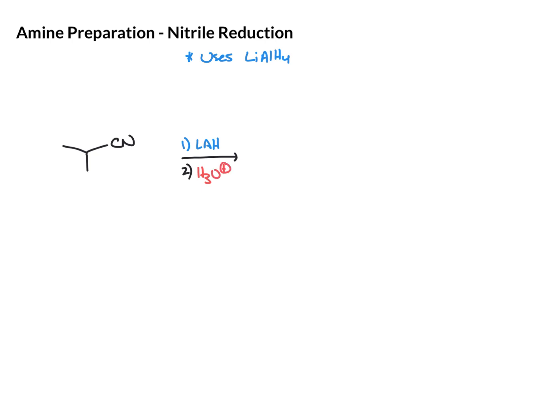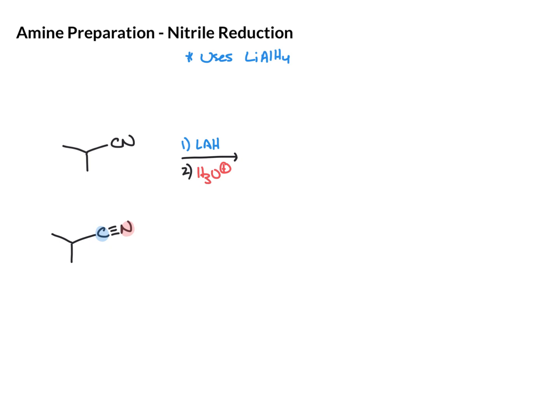So this is actually going to require essentially reduction of both the carbon and the nitrogen. And it might even help to visualize if we draw out the CN bond. So it's carbon triple bonded to a nitrogen. We're going to focus in on both the carbon and the nitrogen here. When we do the reduction, the LAH provides hydride, which reduces the carbon.